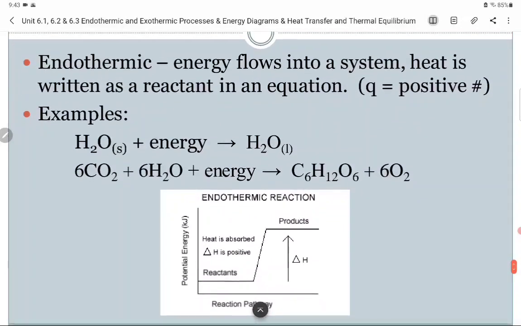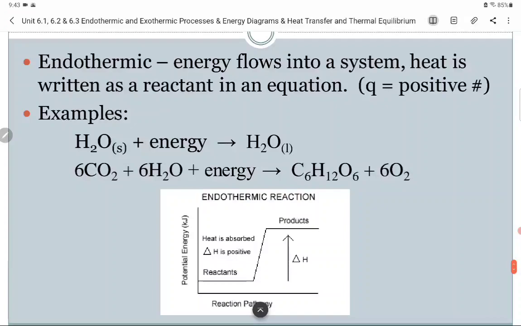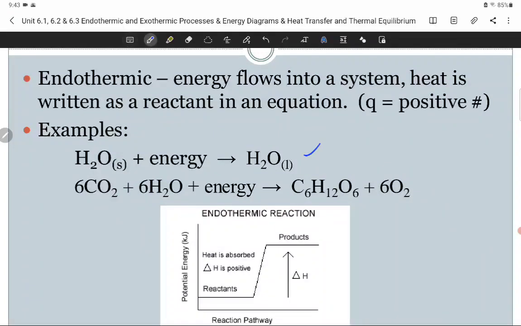Endothermic is the exact opposite. So I used all the same things as I did before. This would be, we could call that melting. Solid to liquid is melting. And then we wouldn't call this cellular respiration anymore. I think we'd have to call this photosynthesis. But the energy, if we were going to numerically give it a value, it would have to be a positive value because energy is absorbed.